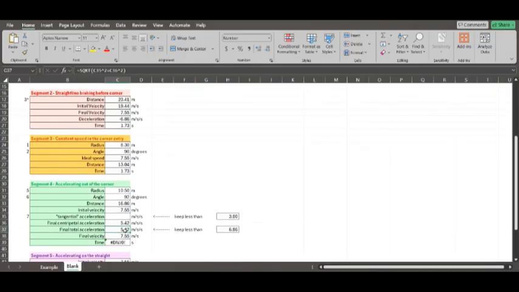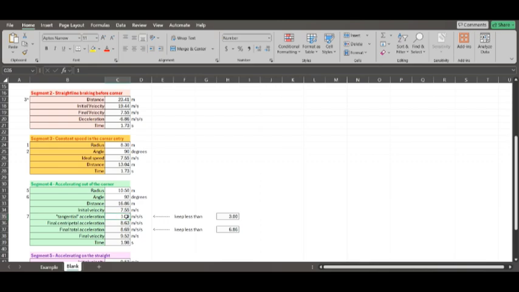Now we've got 5.4 meters per second squared of centripetal acceleration. We can add some tangential acceleration, that's sort of like straight line acceleration. We can add some of that. So let's see what happens if I go 1 there. What does that mean? That means I'm now going 1 meter per second.